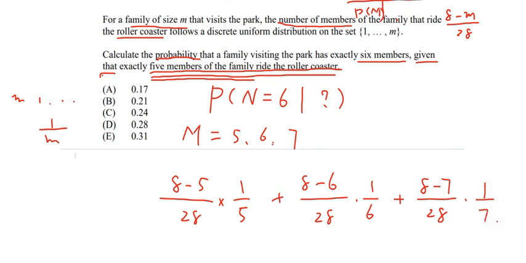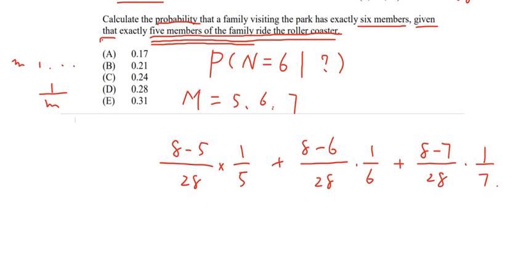So this is the total, and this is the condition. We just find this part, family size 6. How much does this part count for in the total? So the probability is just this part over all.